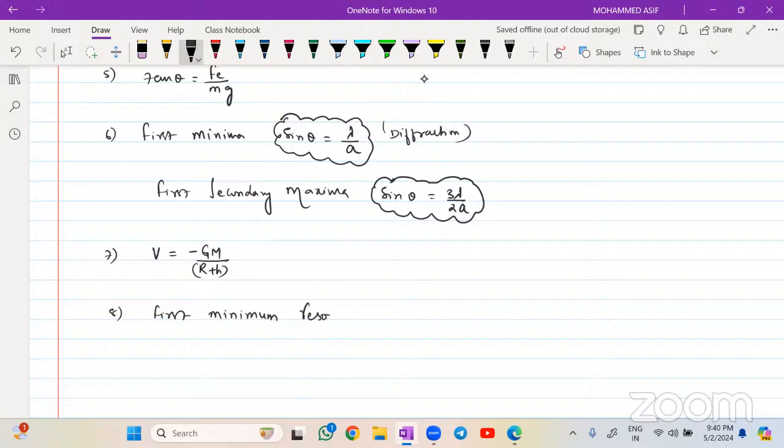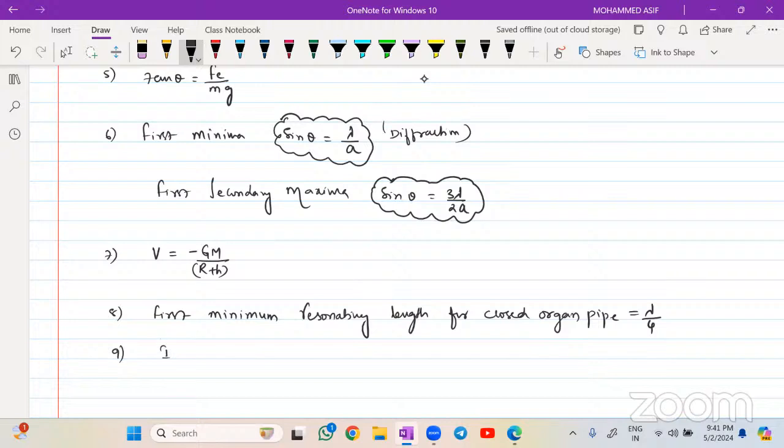For closed organ pipe, बताइए कितना होगा? Lambda by 4. And for open organ pipe, lambda by 2. Clear? So many times asked. 4-5 बार ये question already पूछ चुका है इसके ऊपर. So be a little bit careful with this formula.